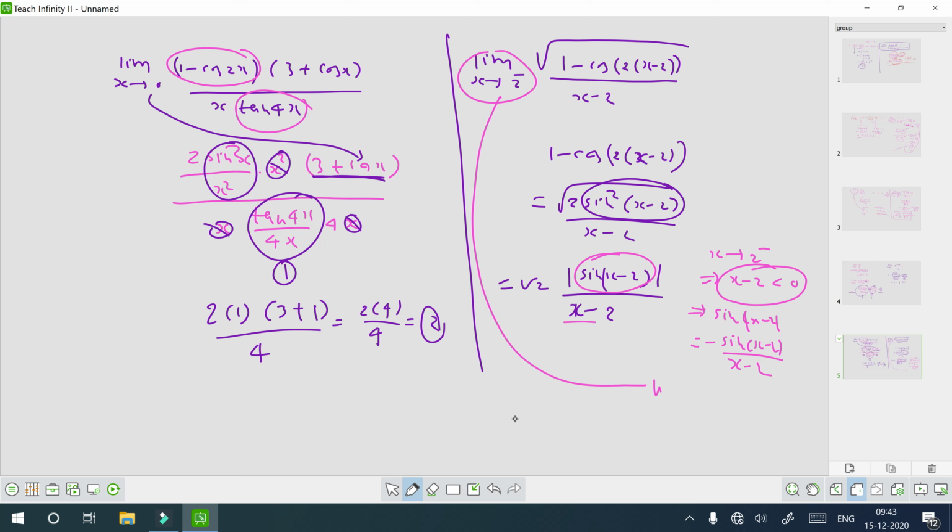So here we can write limit x minus 2 tends to 0 minus, with minus sign outside, sine of x minus 2 over x minus 2, and that comes out 1. So this limit is 1, but minus sign is outside, so answer is minus 1. Clear? Root 2 is there. So root 2 into this thing is there. So answer is minus root 2. Clear? Yes.